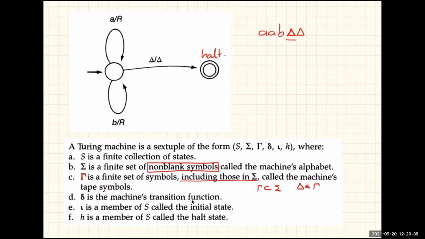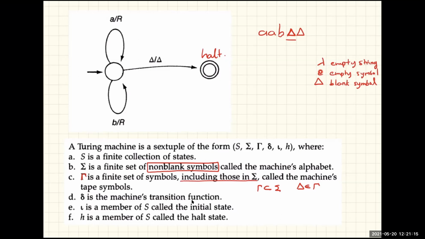It's not the same as empty string or empty symbols as before. Just let me remind you. Remember that this is the empty string, and we will keep using it. This is the empty string. This is the empty symbol, epsilon, and this is the blank symbol. The difference between the empty symbol and the blank symbol is that the empty symbol can be skipped.